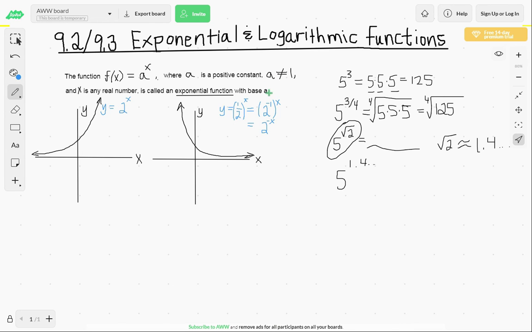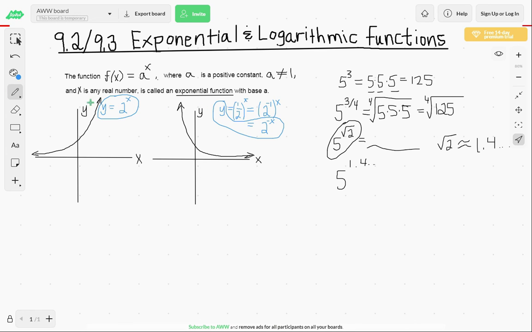The only difference between y equals 2 to the x and y equals 2 to the -x is that they're mirror images of each other.